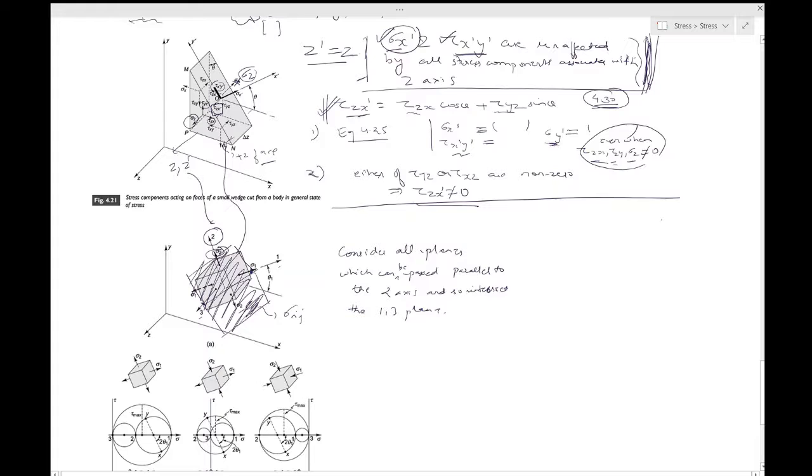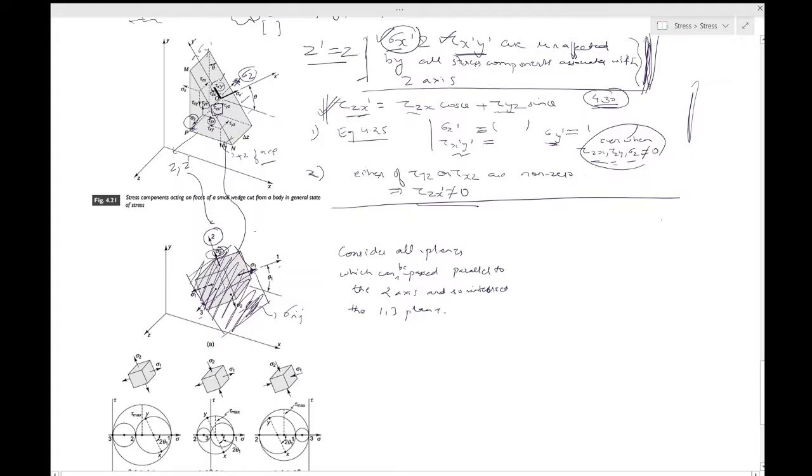There is no effect of all these 3 stress components by sigma z. So a similar thing is happening over here.